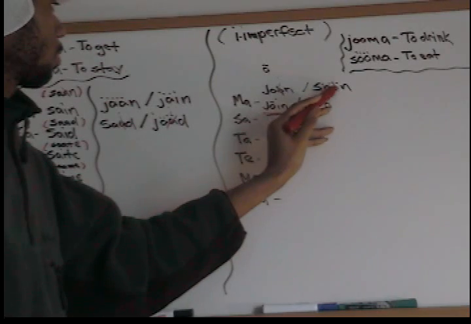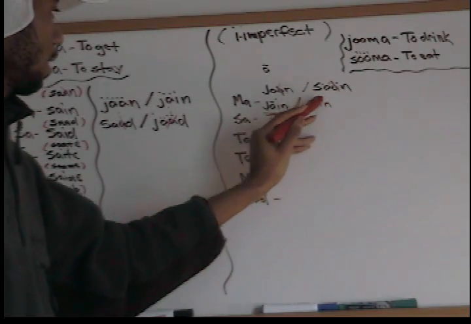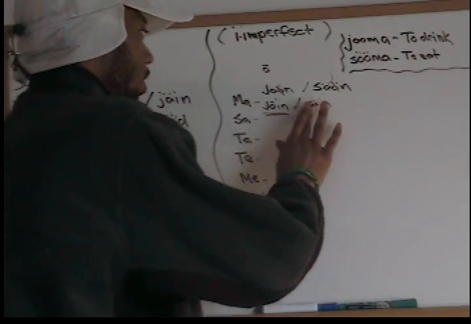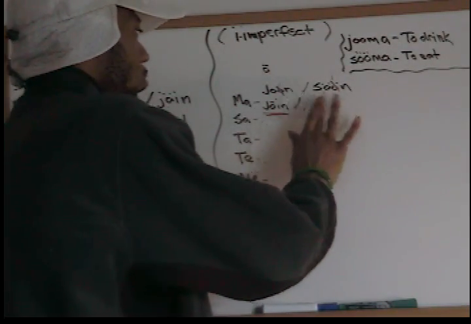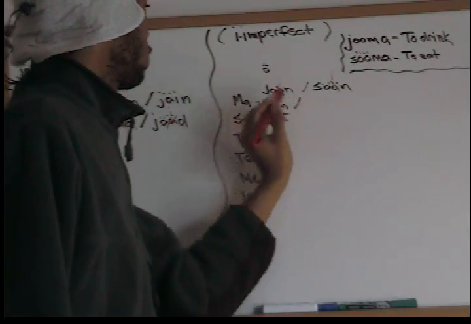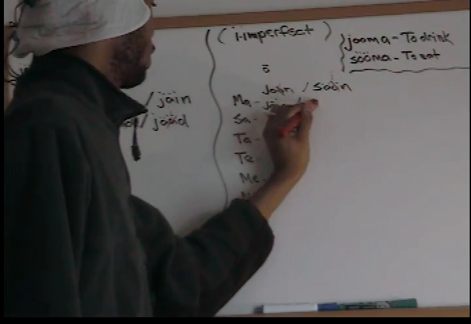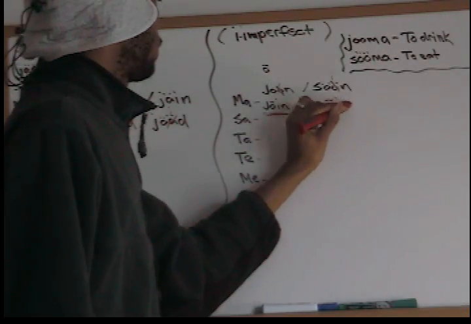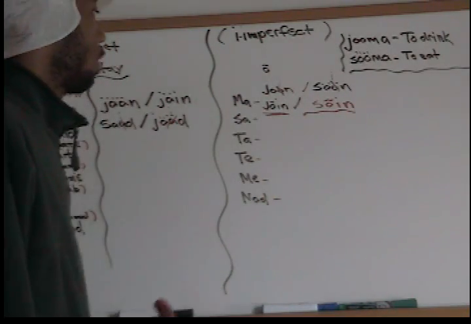Drop off the second vowel, add the I, which we did, and then this here, even though it has the two dots, you have to turn that into an also. So it will be saying.